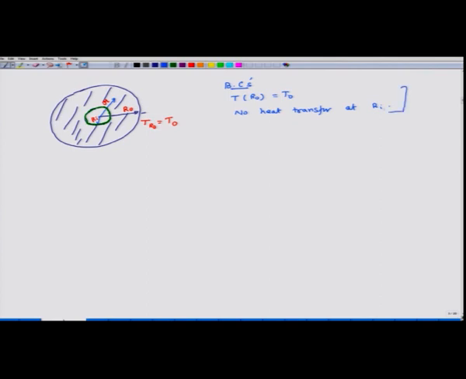Now, the governing differential equation for this kind of system is: minus 1 over r, d by dr of k r dT over dr, is equal to q r.